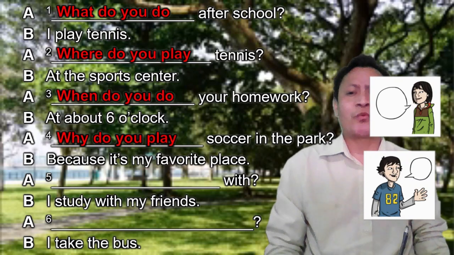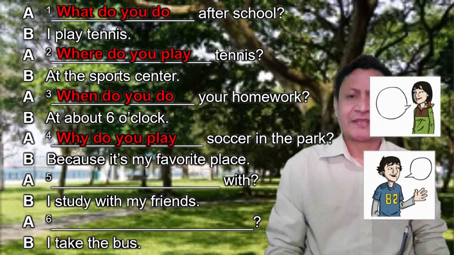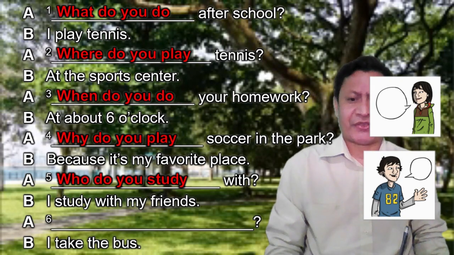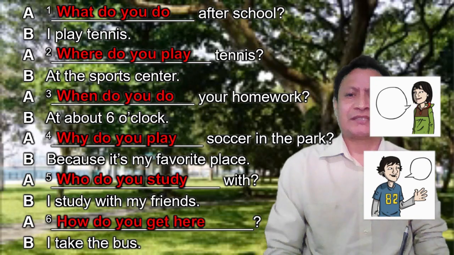I study with my friends. I was asking for people, right? So we use who. Who do you study with? Very good. And number 6, I take the bus. Time? No. Place? No. It's asking for form, manner. How do you get here? I take the bus. Very good.